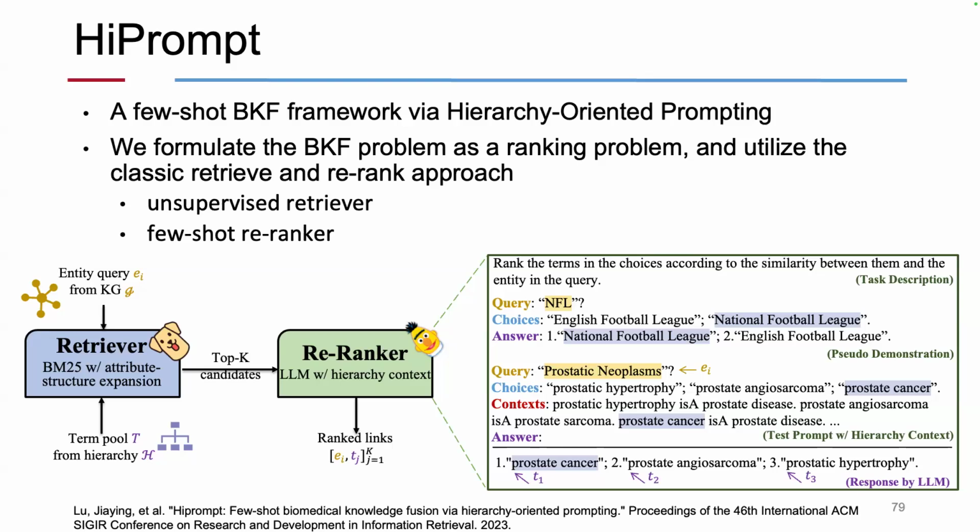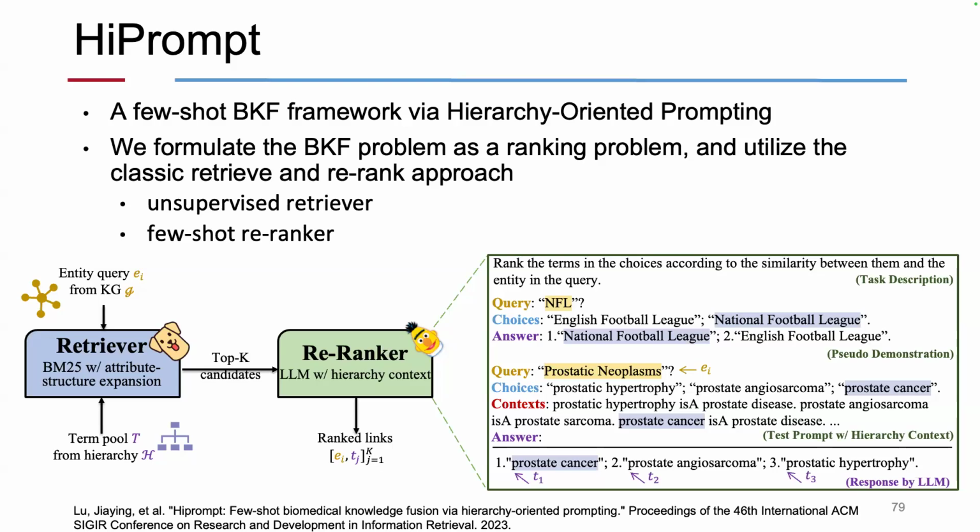The entity I have is called a query entity, and the ontology is called a corpus, or a target set of entities. You want to find the particular target from a set of targets. The problem is you can't put the whole ontology into the context window, because the ontology is too big.